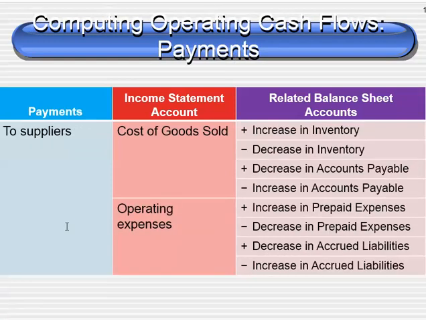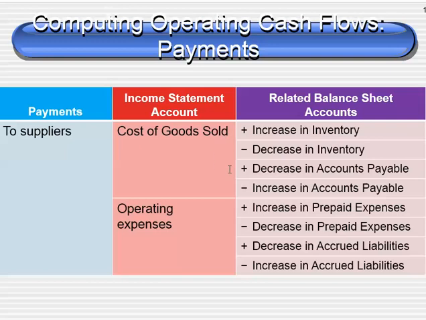We have a few more here to look at. So payments to suppliers would include a two-part computation. So we have to look at first payments for inventory and then payments for operating expenses unrelated to employees, interest, or income taxes. So to convert cost of goods sold into payments for suppliers, we start with cost of goods sold from our income statement, and it's adjusted by the computed increase or decrease in inventory and accounts payable.